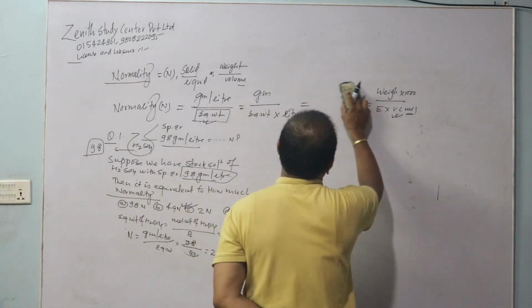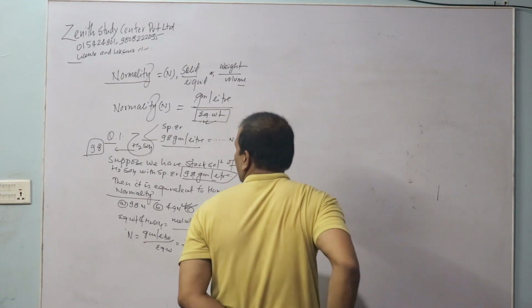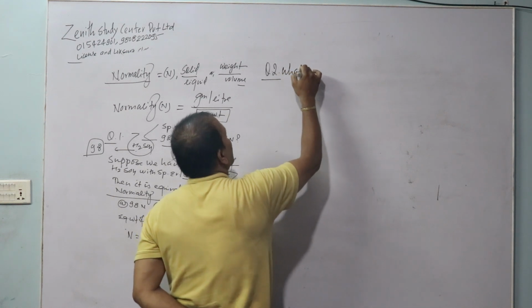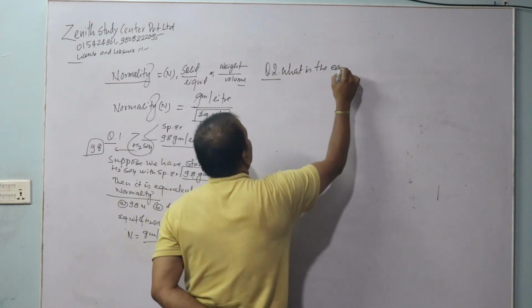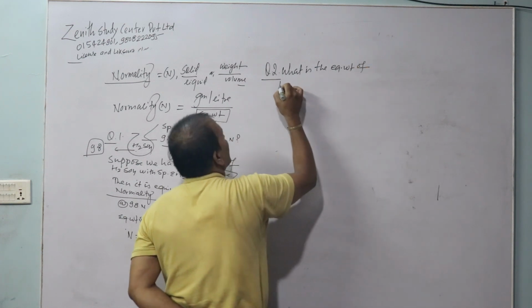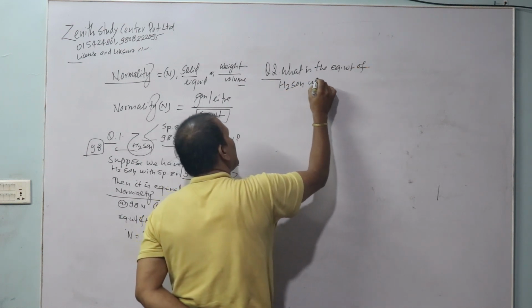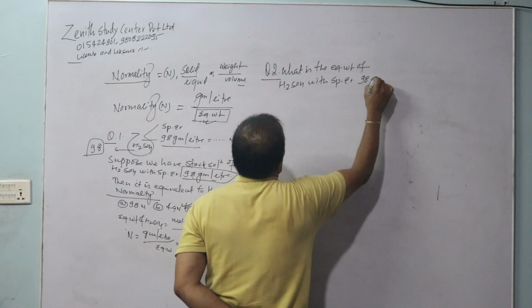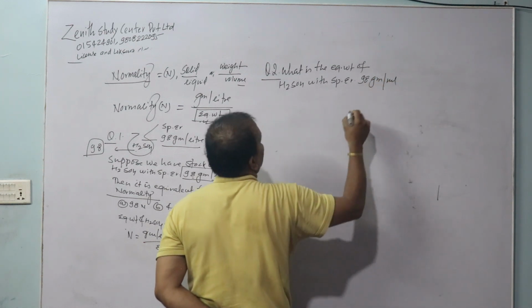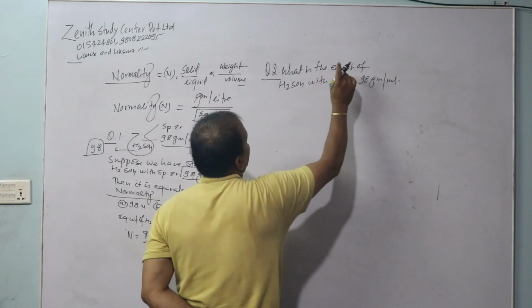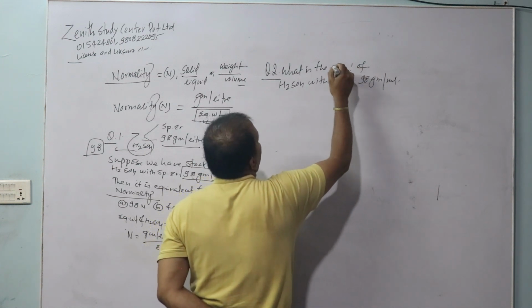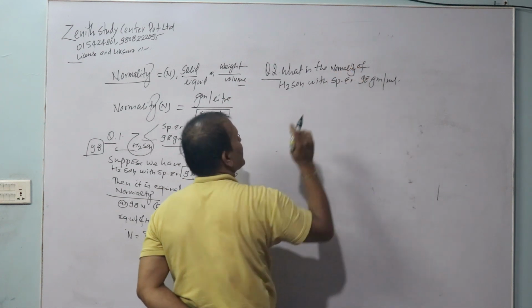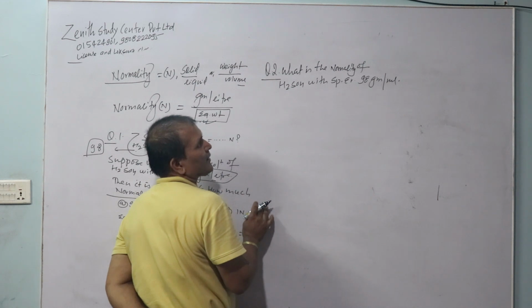Similarly, question number 2: what is the normality of H2SO4 with specific strength 98 gram per ml?